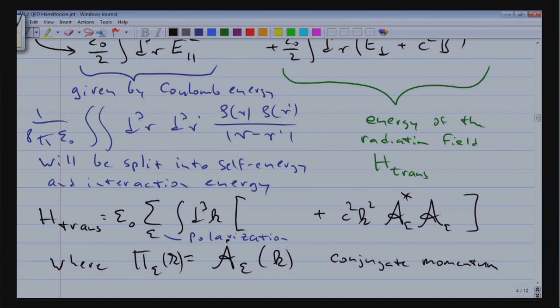Whereas the part of the electromagnetic energy which is related to the electric field is the temporal derivative of the vector potential, and therefore it involves the temporal derivatives, which are now the canonical momenta.